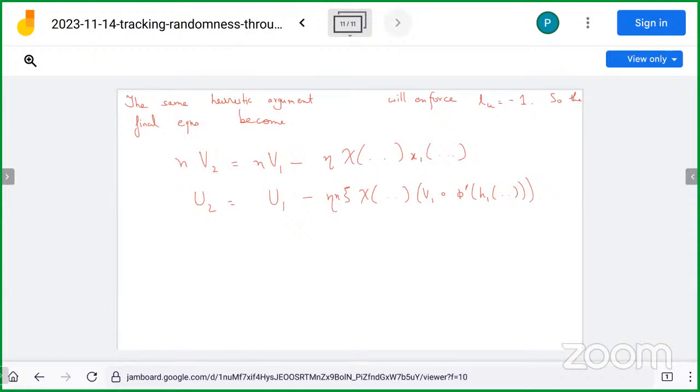So what is H1? H1 is U1 times epsilon, right? U1 was N01. So each entry of H1 is like a standard normal, scaled by Z. Z is a constant, it's not changing with n, it's the input to the network. And then you're taking the derivative of phi, which is a fixed function, so again that's not changing.